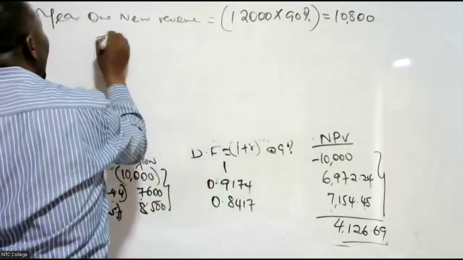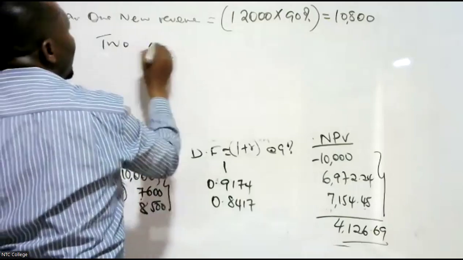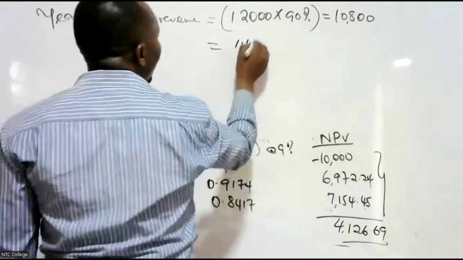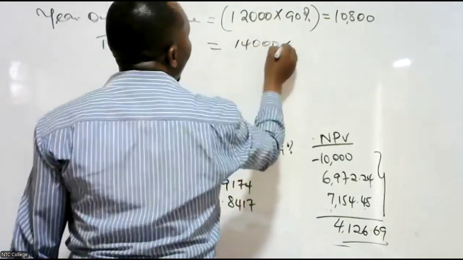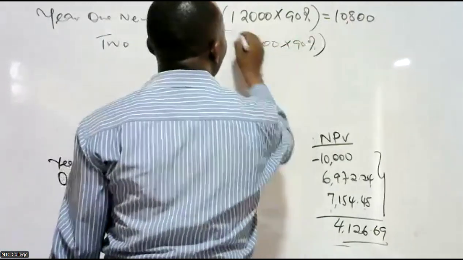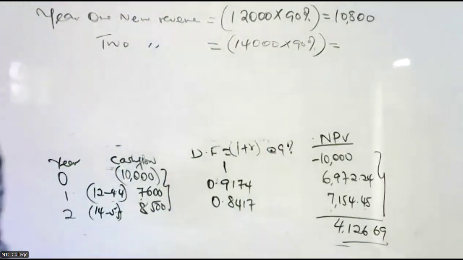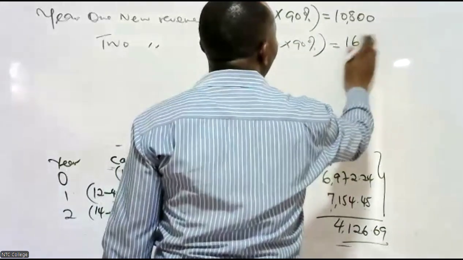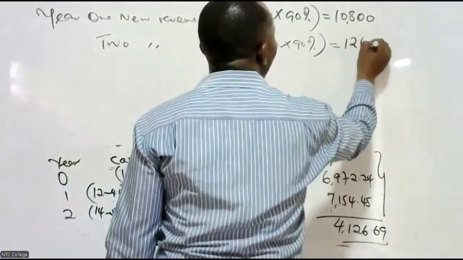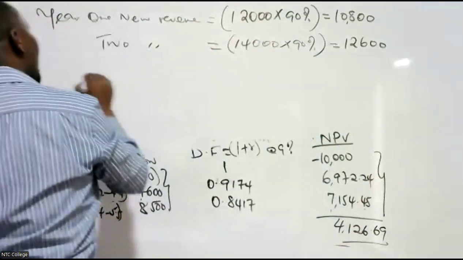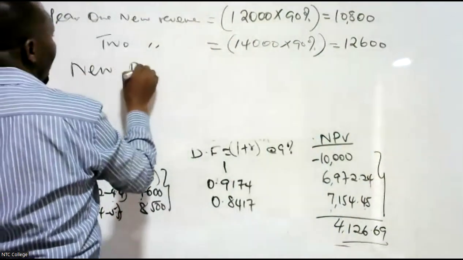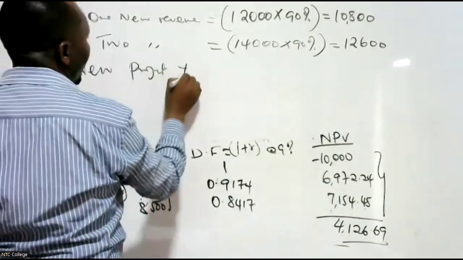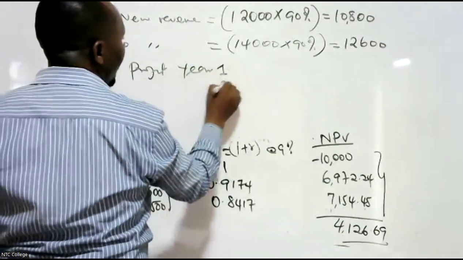Year two, we have 14,000 adverse. So 90% of this. 90% of 14,000. What are we getting? 12,600. So our new profit, year one and year two.